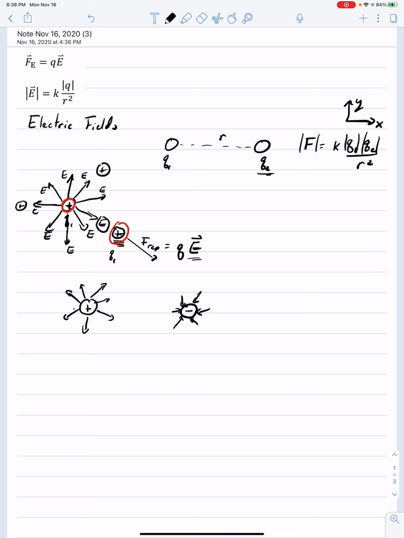So if you ever see on an exam a positive and a negative charge connected to each other by field lines, this makes sense, because the field lines are going out of the positive charge and into the negative charge. It is showing an attraction.